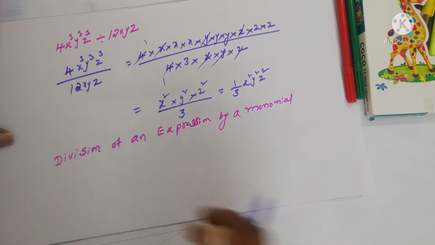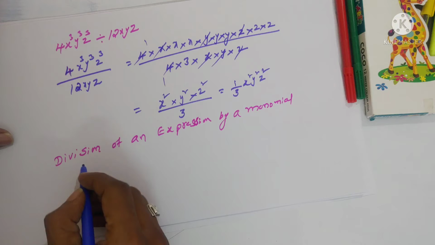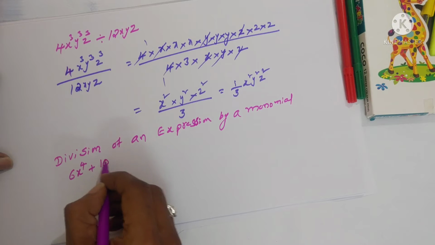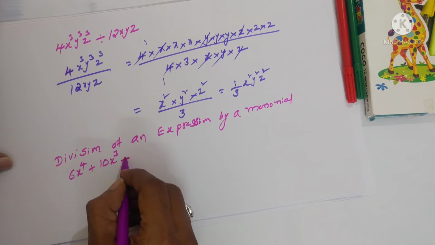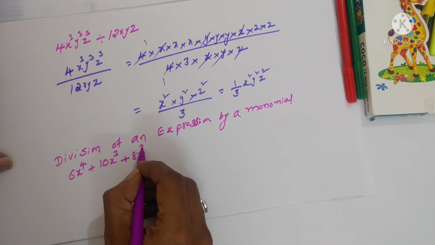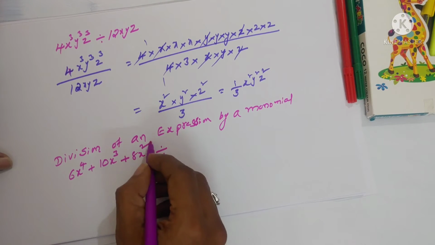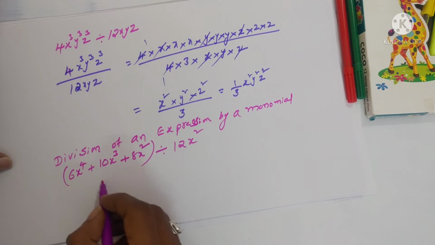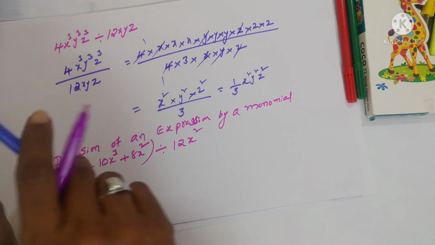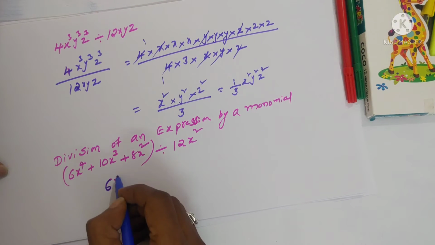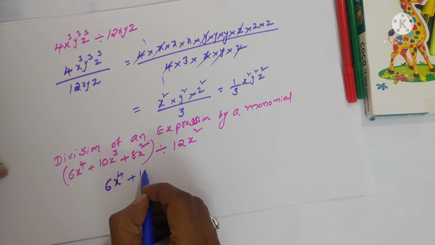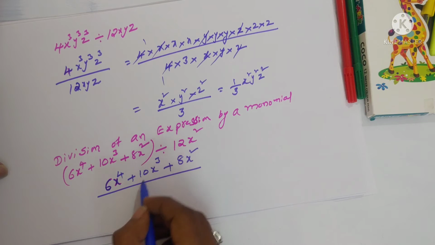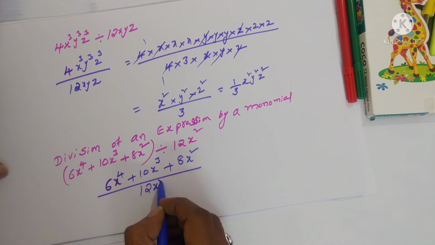We have 6x power 4 plus 10x cube plus 8x square divided by 12x square. So here in the numerator we actually have 3 terms, 6x power 4, 10x cube plus 8x square, divided by, in the denominator, 1 term.